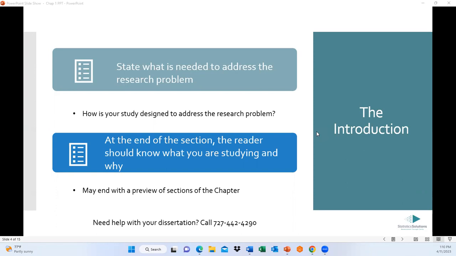And if you want, you can end with a preview of the sections of the chapter, like this chapter will contain sections on A, B, C, D, E. And again, if your template says something a little different, then follow your template. But this is a pretty good general guide.